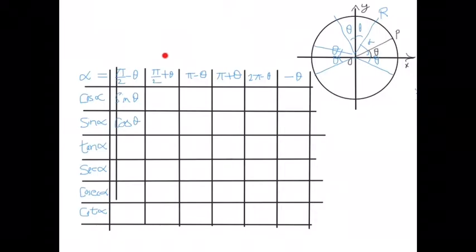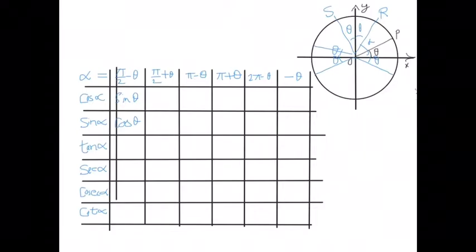Now when alpha is equal to pi by 2 plus theta, that is the angle which this line segment OS makes with the positive x-axis in the counterclockwise direction. And we can now see that cos alpha would be the projection of OS on the x-axis, which is somewhere here, but on the negative side. And in magnitude, we can see that it is equal to the projection of OP on the y-axis.